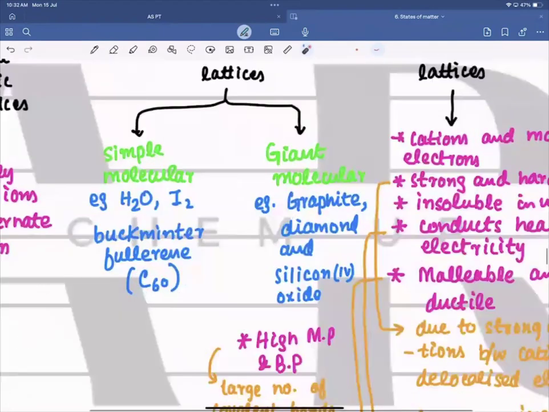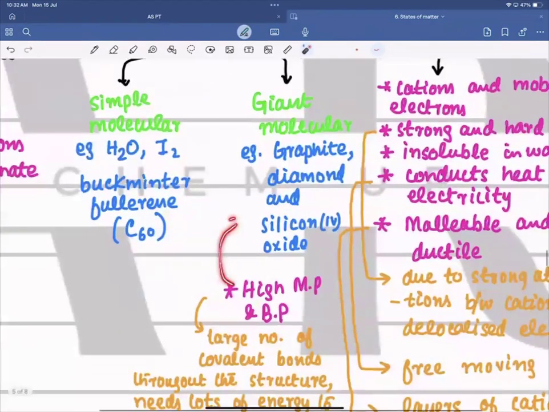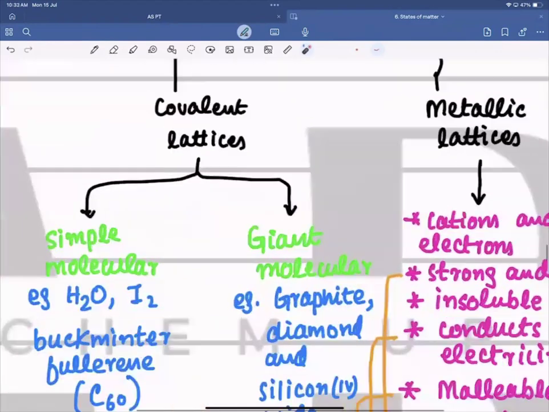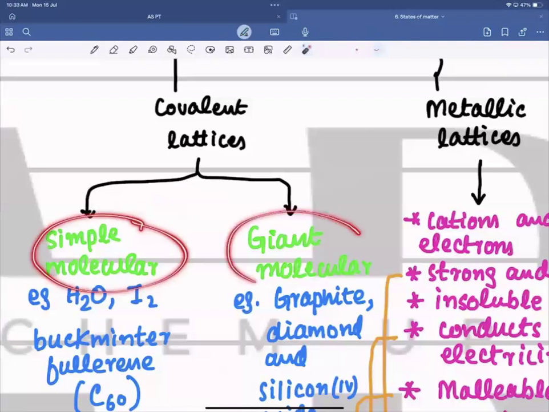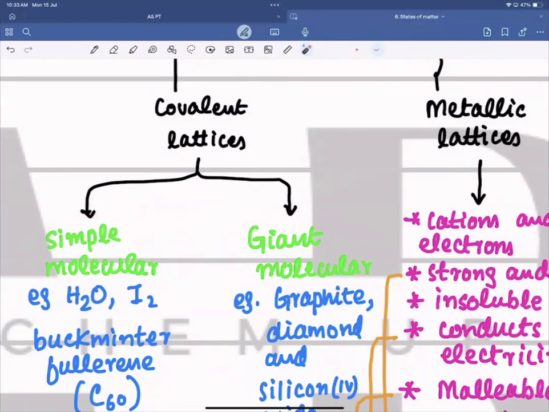Okay. This is for giant covalent bonding. When we talk about covalent lattices, covalent bonding results in the formation of molecules. These molecules are of two types: one is simple molecular and the other is giant molecular. In covalent bonding, almost all the examples that we did earlier, like carbon dioxide, ethane, C2H6, C2H4, oxygen, carbon monoxide, ammonia, there are so many examples, right?